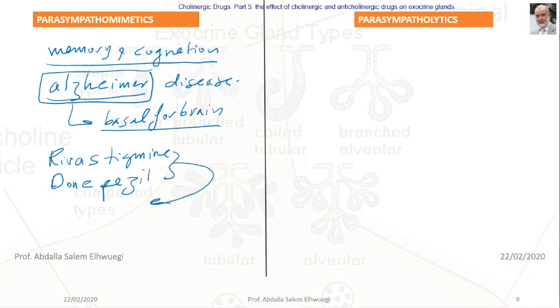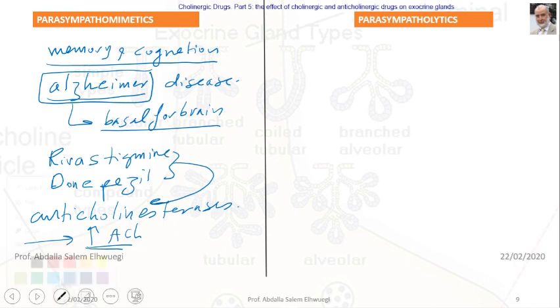These two drugs, they are anticholinesterases with central effect. That means they increase the level of acetylcholine in the brain, and that's why they improve memory in people with Alzheimer disease. However, this effect is limited, of course. It will not stop progression of the disease.